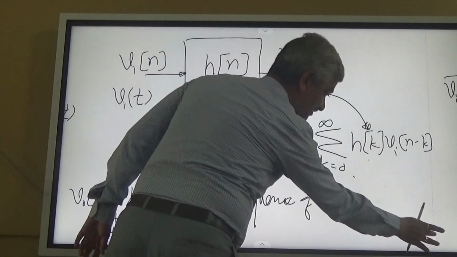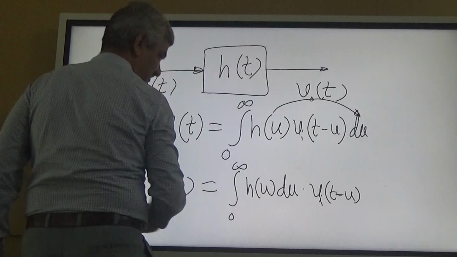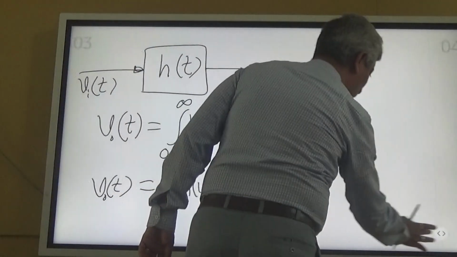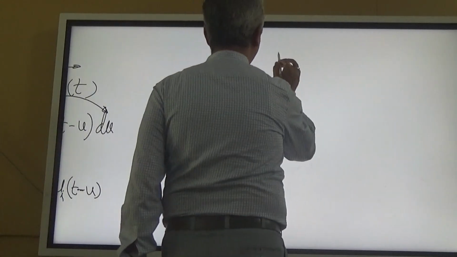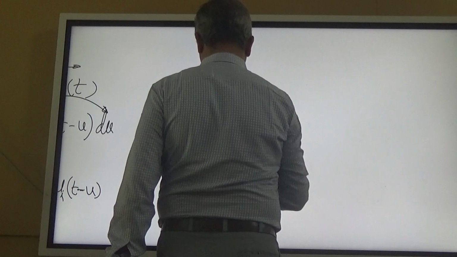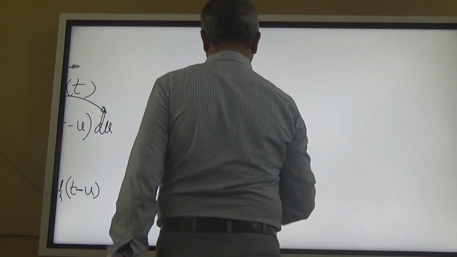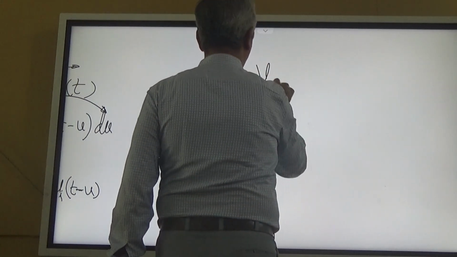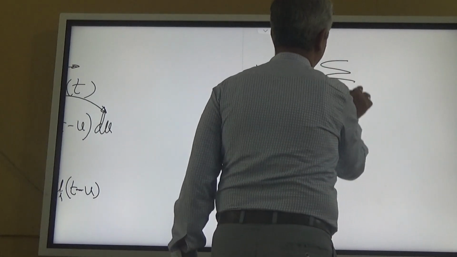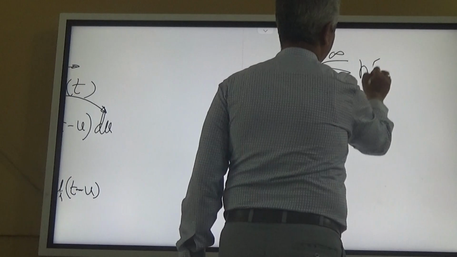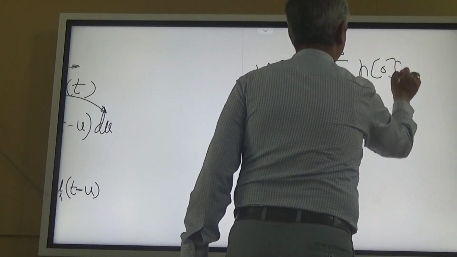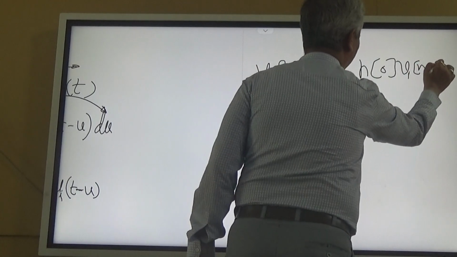Listen very carefully. This is not just some mythological discussion, this is required for our applications also. So what can I say? VON is equal to the sum over k equal to 0 to infinity of h0 into Vin of n minus k.